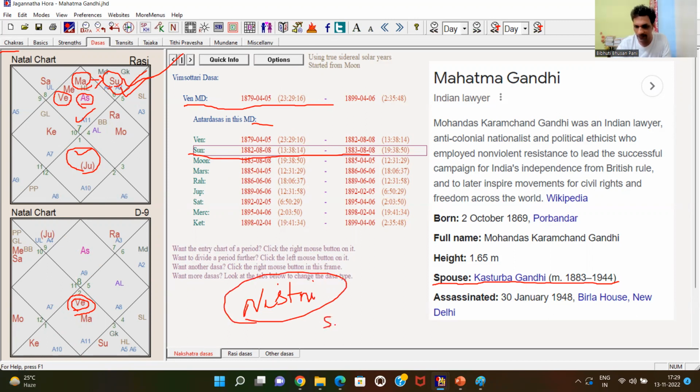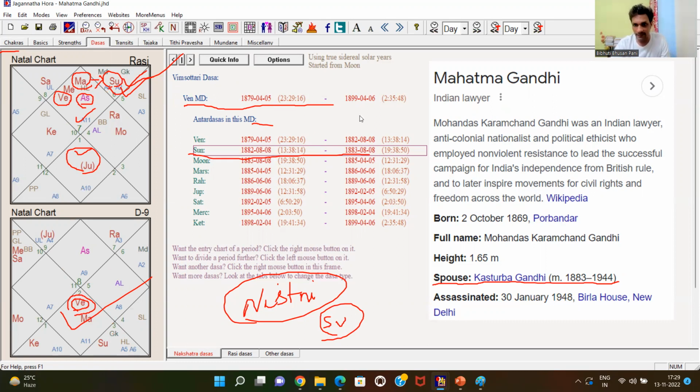So it is giving the marriage during that time. So with planets in the 12th house and 7th house, you can cross-check that it is placed in the 7th house of D9, so it may be the period where you can really marry.